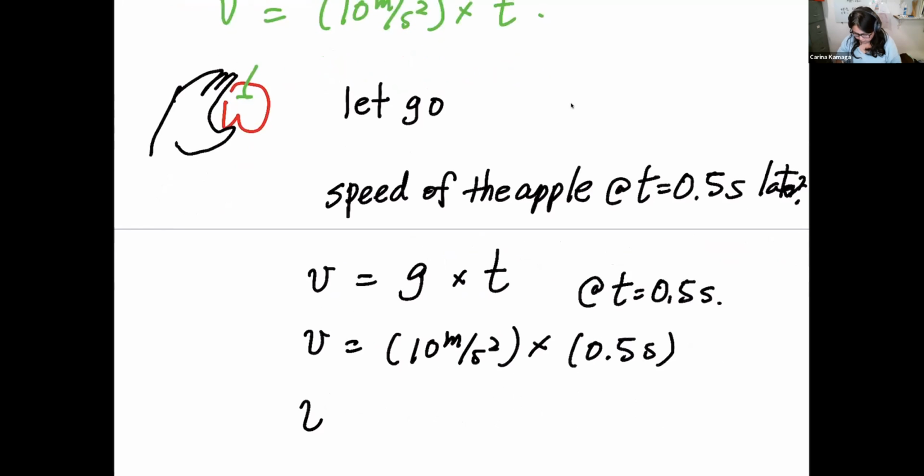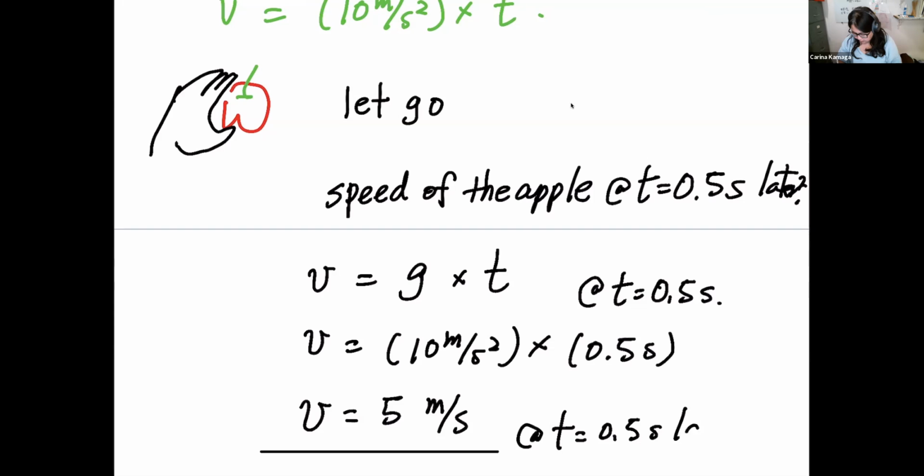So the speed of the apple is 5, what's the unit? Meter per second. So 0.5 seconds after I let go, it has the speed of 5 meters per second.